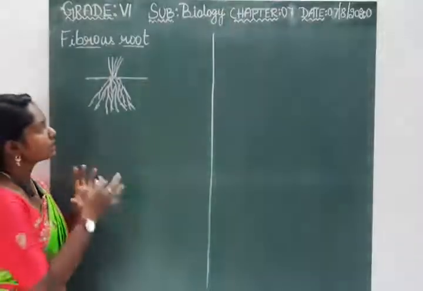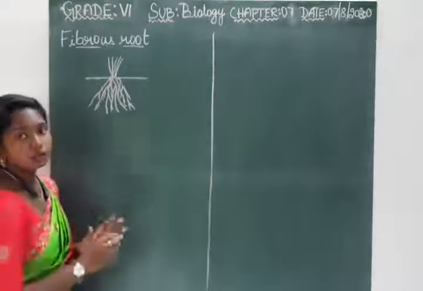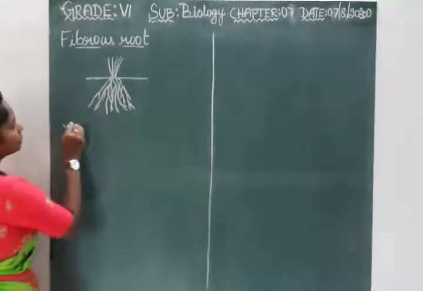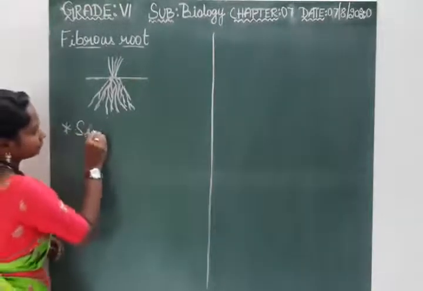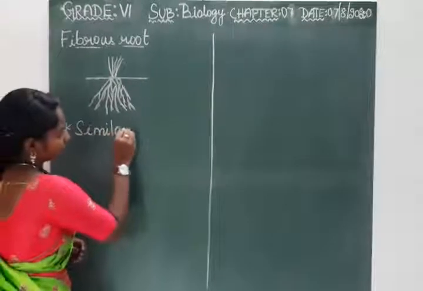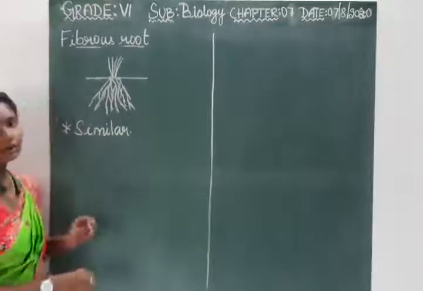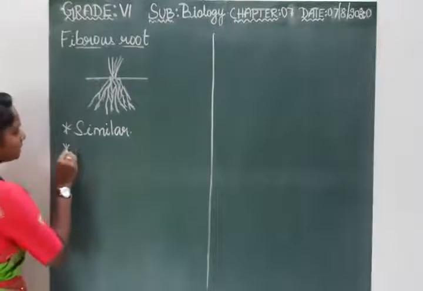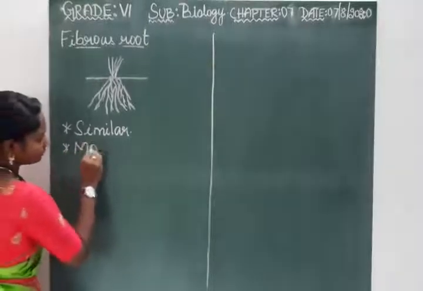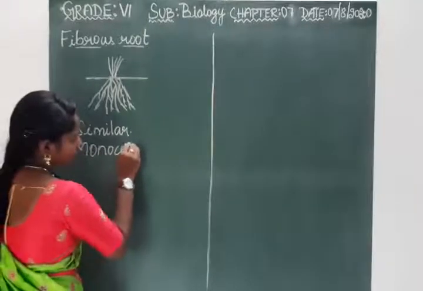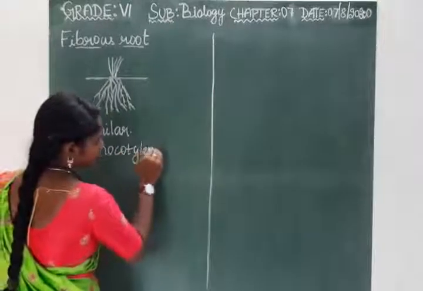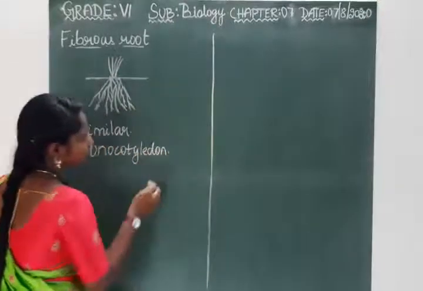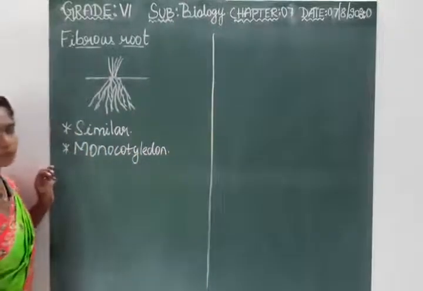Here it is present as a bunch, and all the roots are similar. They are similar, and it is present in the seeds of monocotyledon. So this is about the fibrous root system.